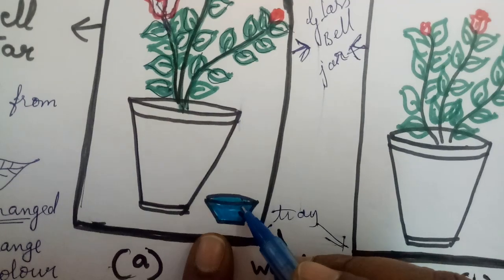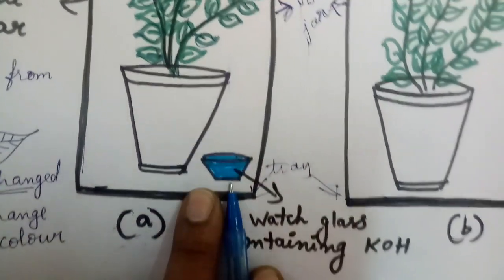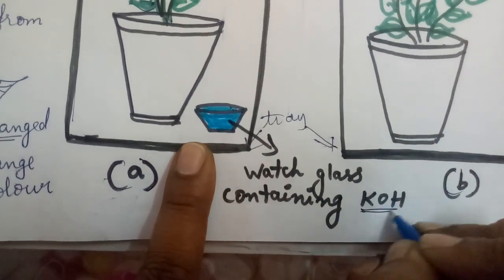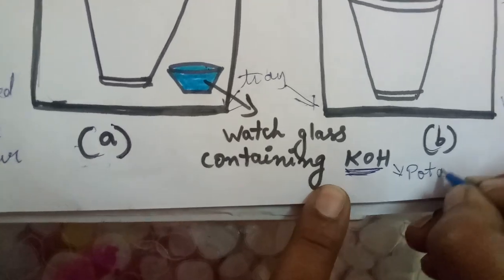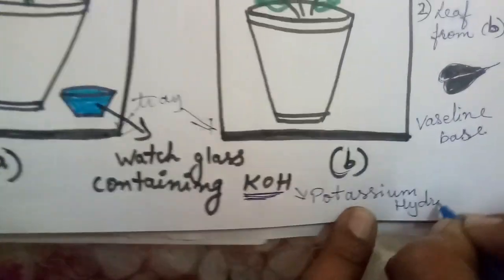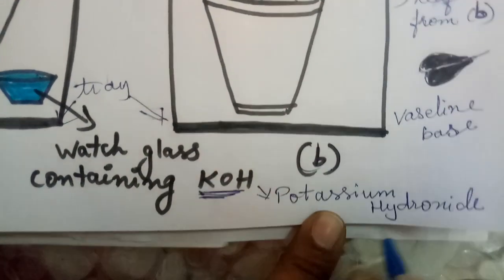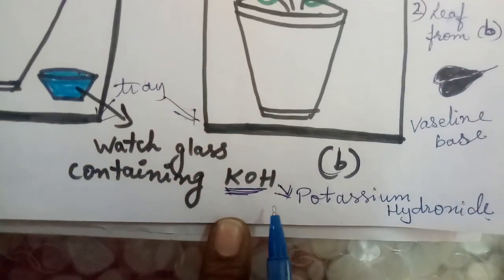A small watch glass or dish has been kept in which one chemical has been taken. And what is that chemical? KOH. KOH means potassium hydroxide.